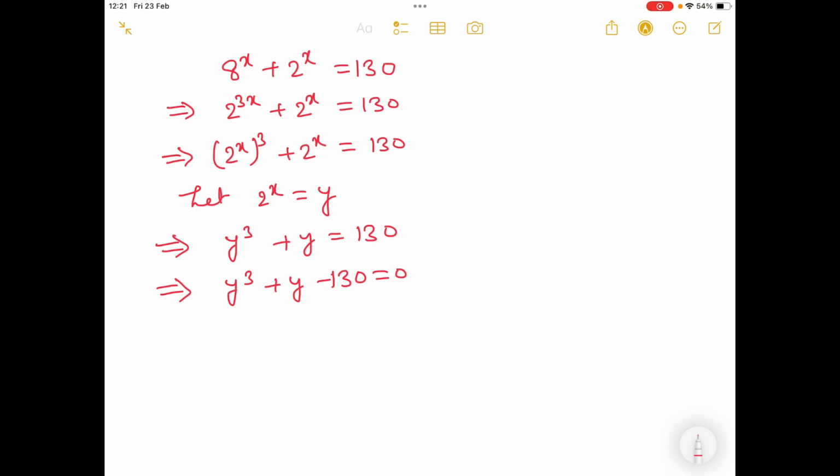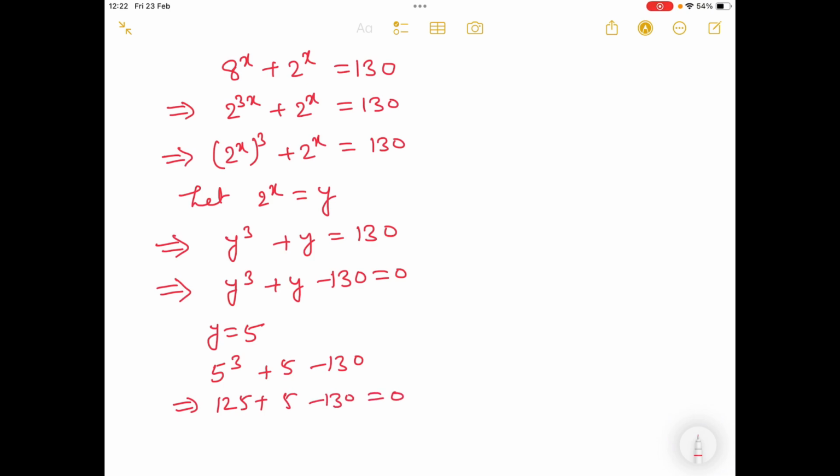By trial and error method, we can find its root by putting the value of y is equal to 5. We will get zero. As you can see, 5 cube plus 5 minus 130, if you calculate it, will be 125 plus 5 minus 130, and that will be equal to 0.